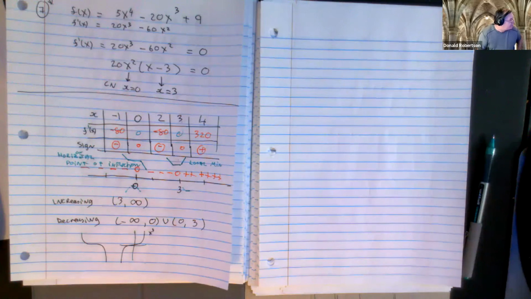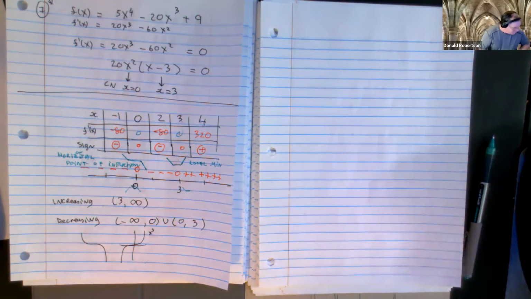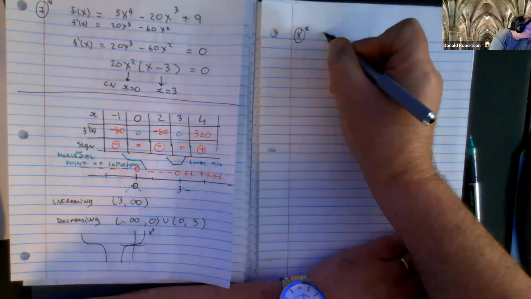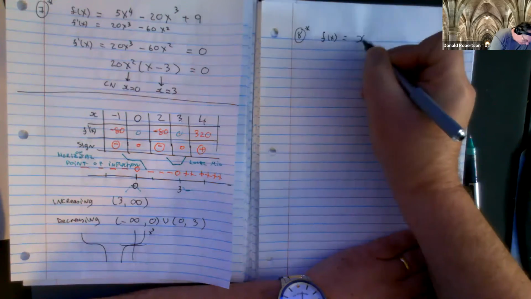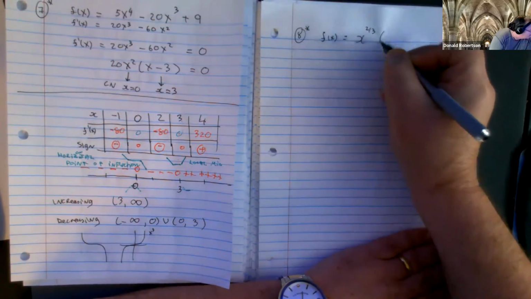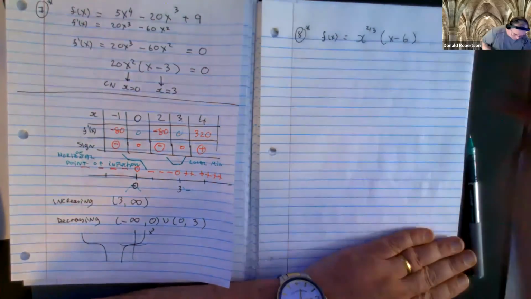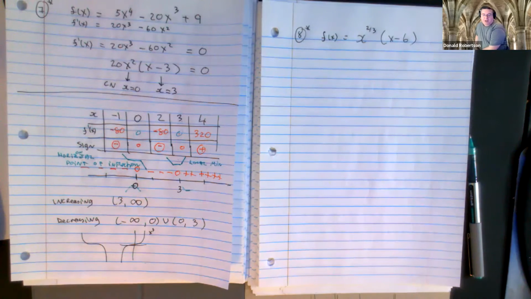So let's make life hard for you by picking a derivative that's ugly. Straight into question 8. We are going to find when that function is increasing, when it is decreasing, and we're also going to find any local max and mins or points of inflection that it may have.